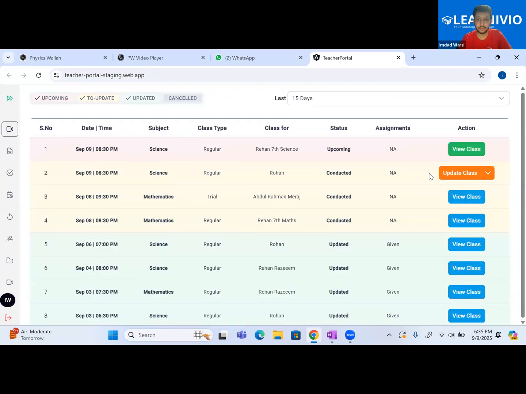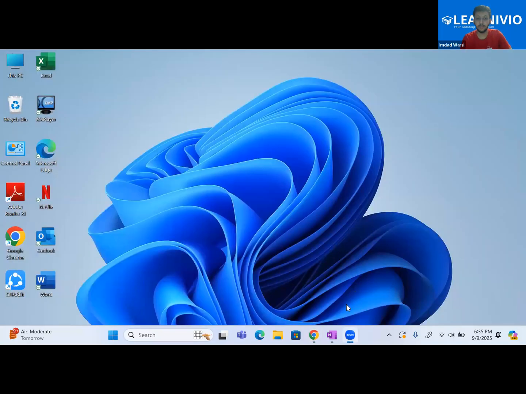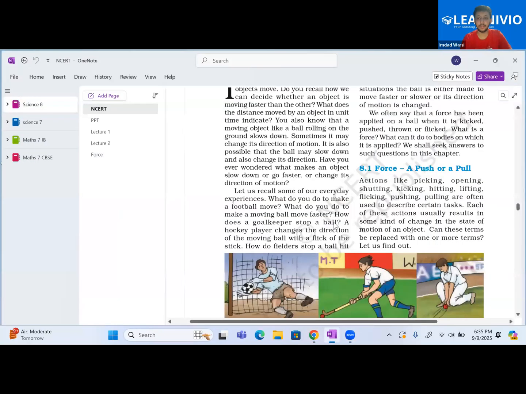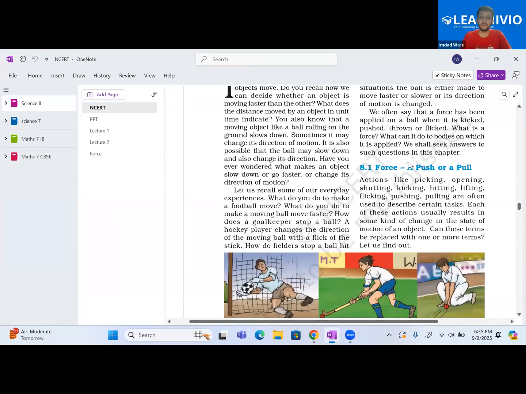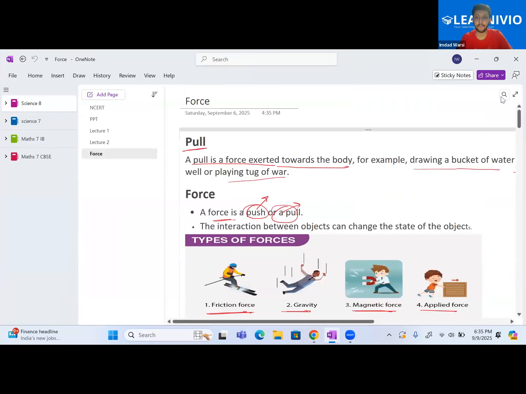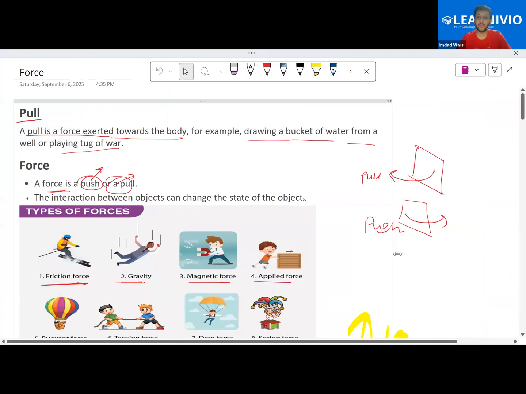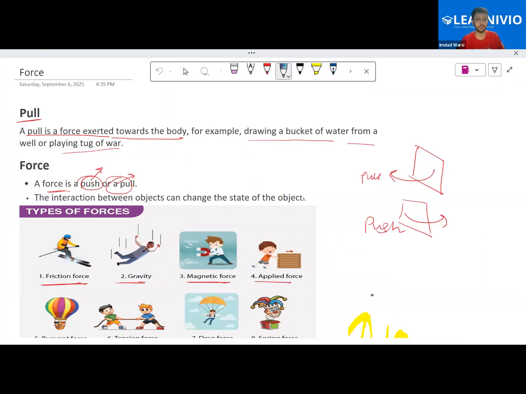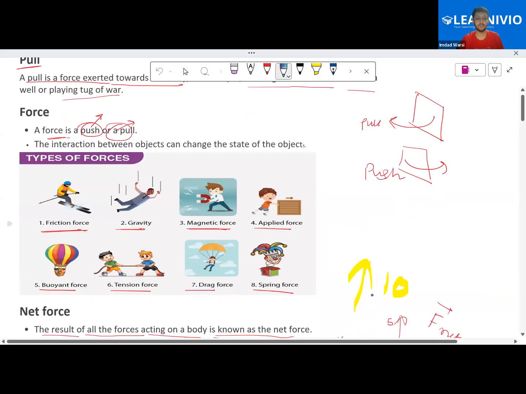This is the only homework left. We were on the topic of force. Can you give me some examples of contact forces and some examples of non-contact forces without seeing your copy?